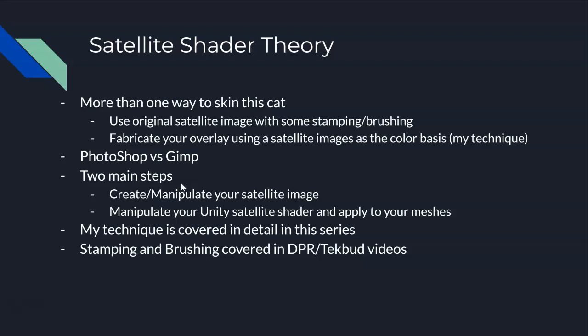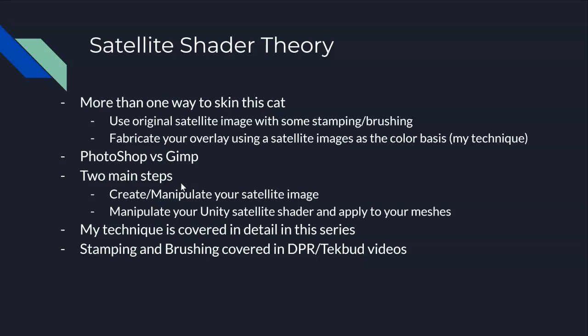There are two main steps when you create your satellite overlays. You are going to create or manipulate your satellite image, okay? And then you're going to manipulate your Unity satellite shader to apply to your meshes, okay? So you're going to either use the stamping and brushing technique, which I don't cover.